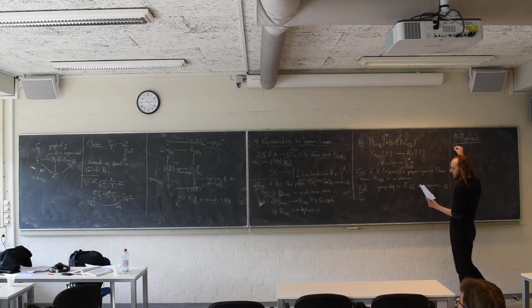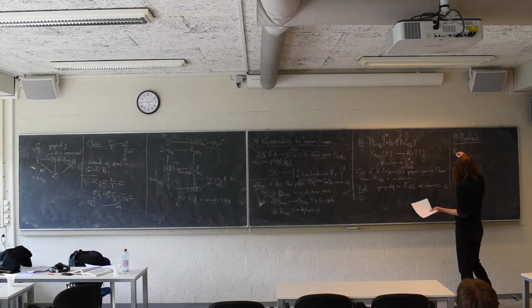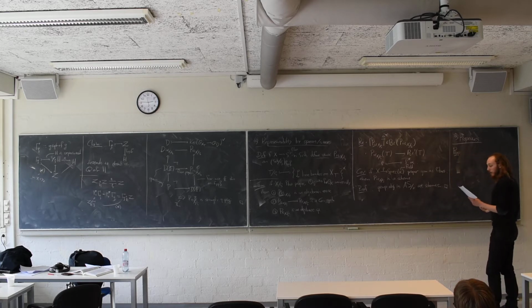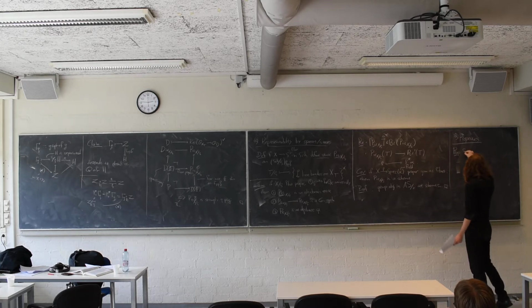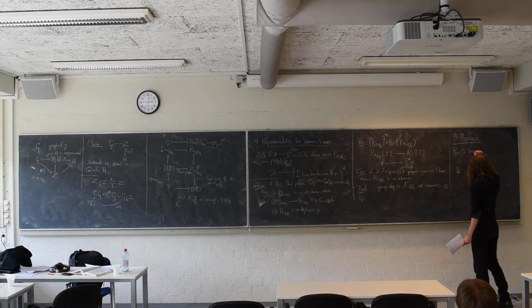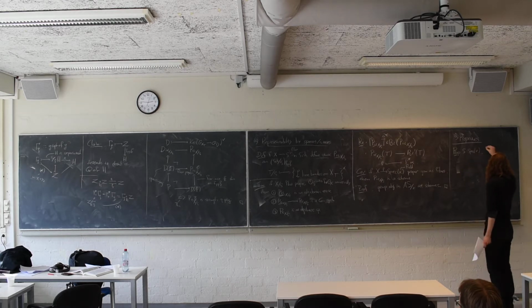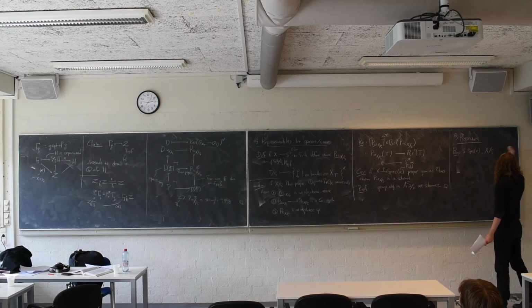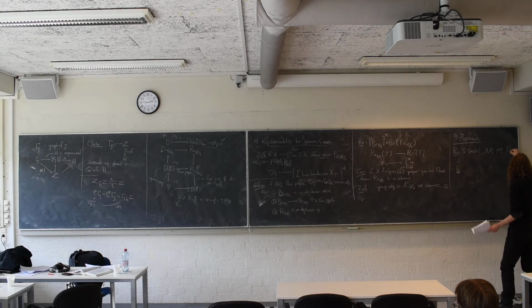So this is about properties of the Picard scheme. We take S to be the spectrum of a field, and we assume X over S to be all sorts of nice: projective and whatnot, flat, finite type.